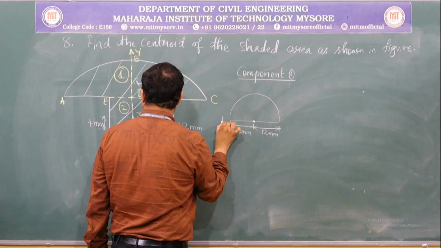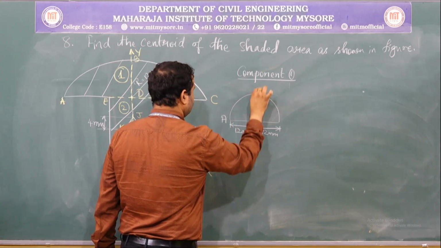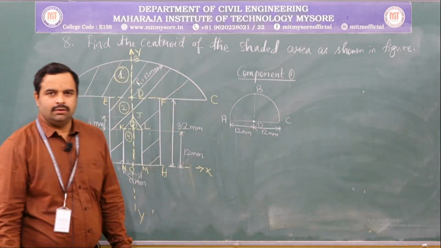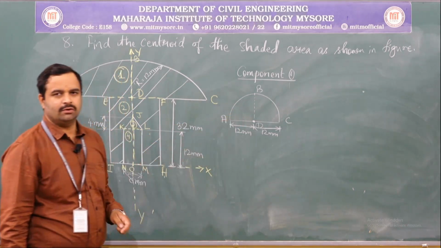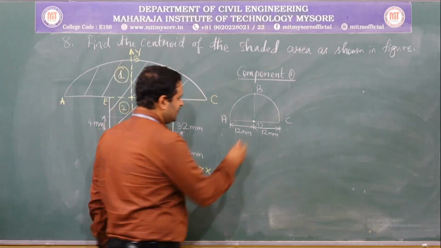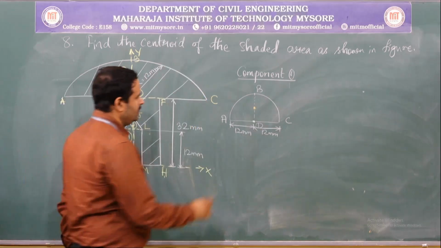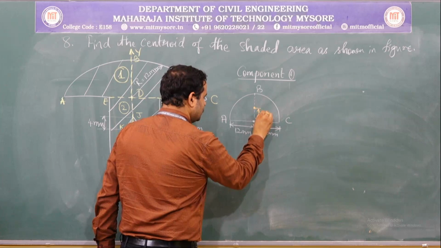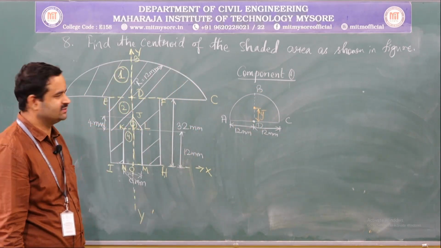And it is A, B, C and D. We know where the centroid of this component lies, because it is a semicircle. It lies exactly along this line, about which it is symmetric, and we have only y bar. There is no x bar as it is symmetrical about its y axis.